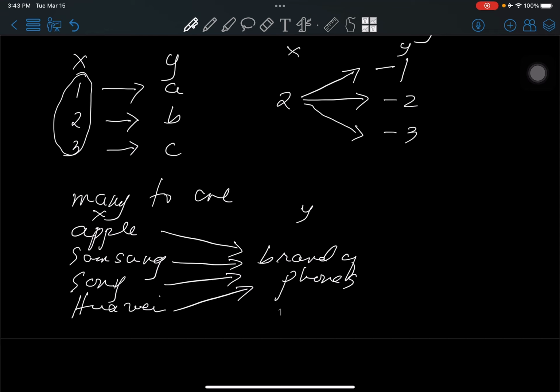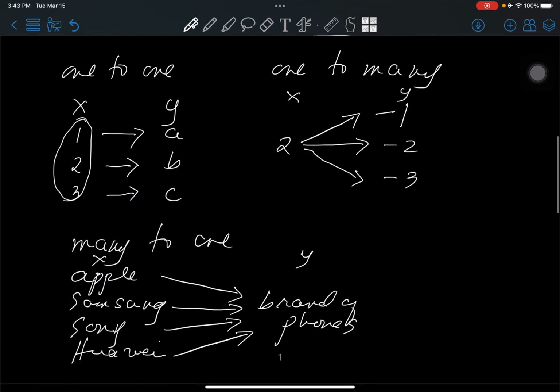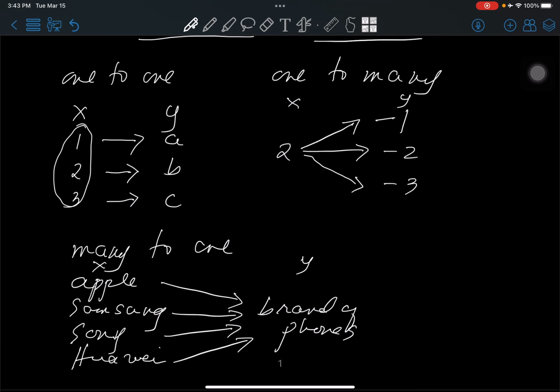Now class, looking at our examples here based on relation, a relation is simply a connection of one variable to another variable. In short, it is an association. We're going to find out if there is an existing relationship between or among the different variables.